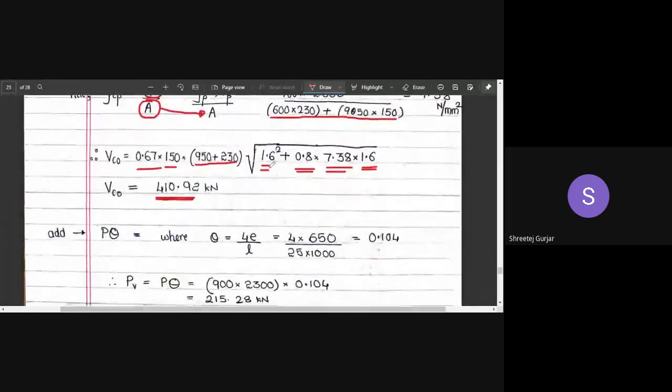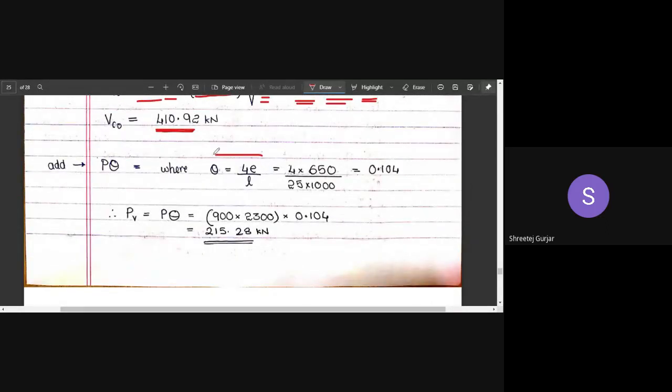So how to calculate theta? We have the formula, theta is 4E by L. For a parabolic cable, at the support section, theta will be equal to 4 into E by L, where E is the eccentricity at the midspan, and L is 25 meters.